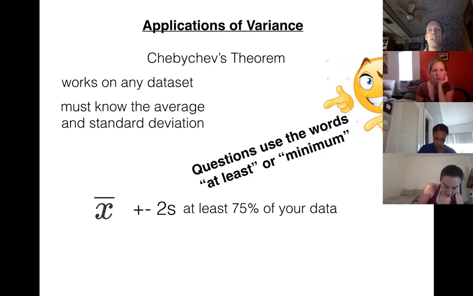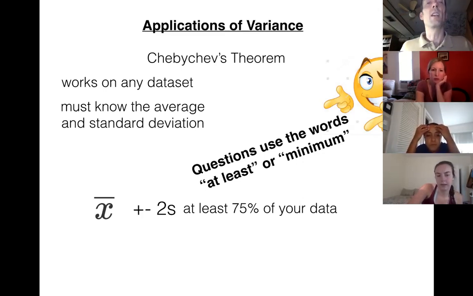If we went more standard deviations above and below, do you think we would capture more of the data or less of the data? Would that percentage go up or would it go down? Up.